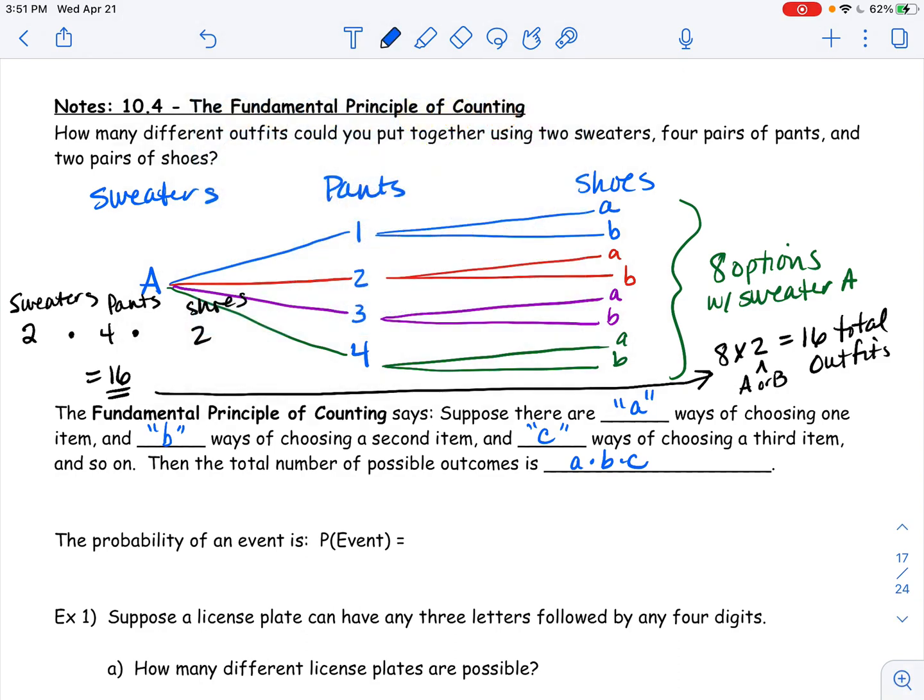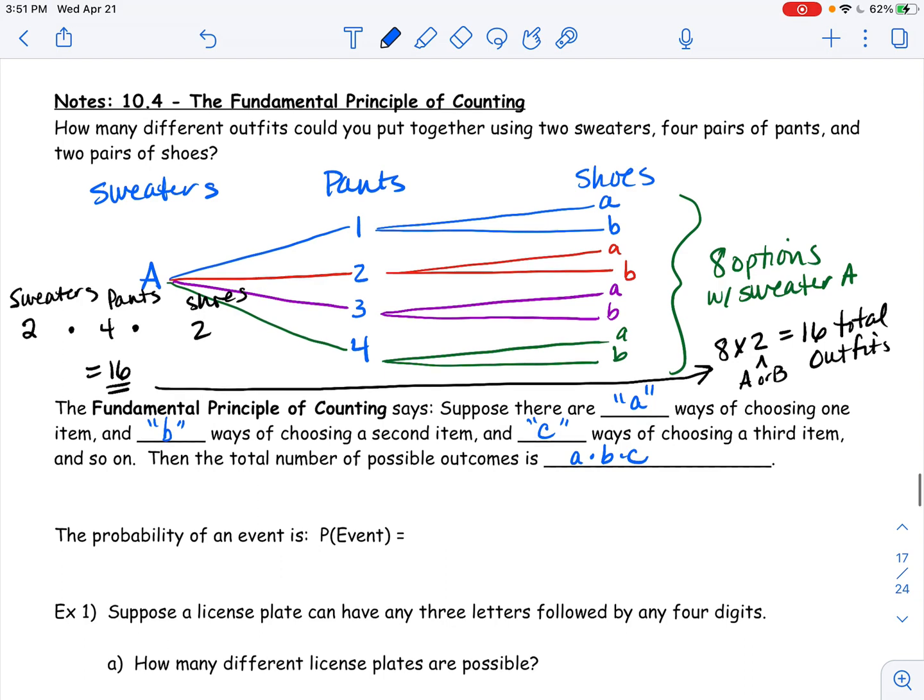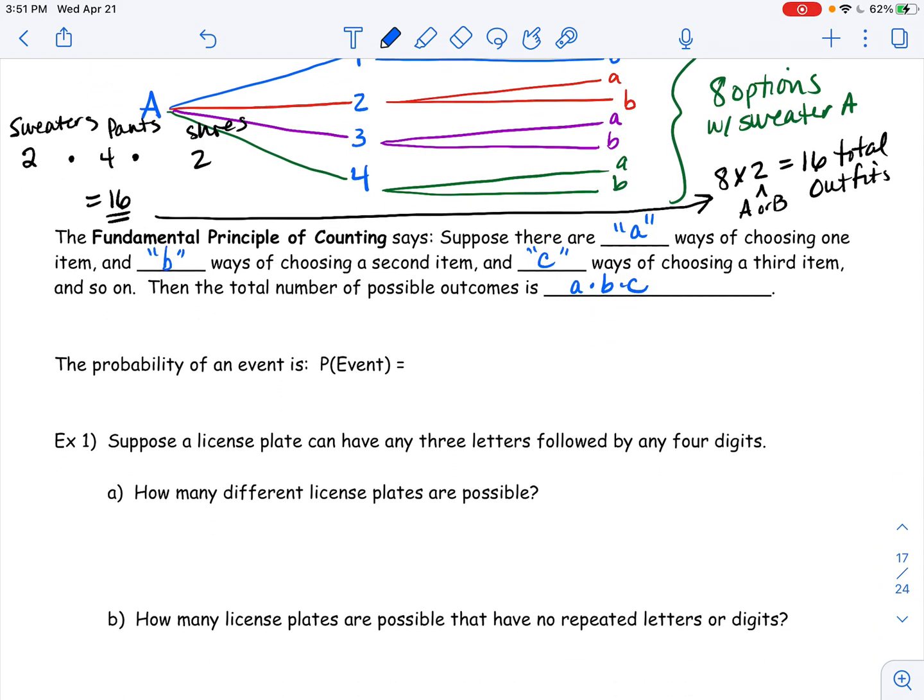All right, so let's do some probability. The probability of an event is, of course, the number of ways an event can happen out of the total possible ways.